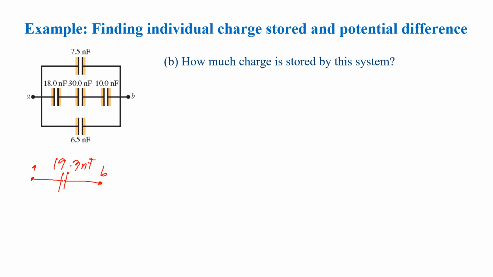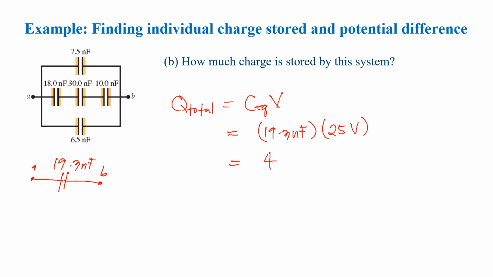Okay, so here your Q total, or the total charge stored, is equal to your C equivalent times your voltage, which is 19.3 nanofarad times 25 volts. Okay, so this is straightforward. You get to solve for the total charge stored, which is equal to 482 nanocoulombs.